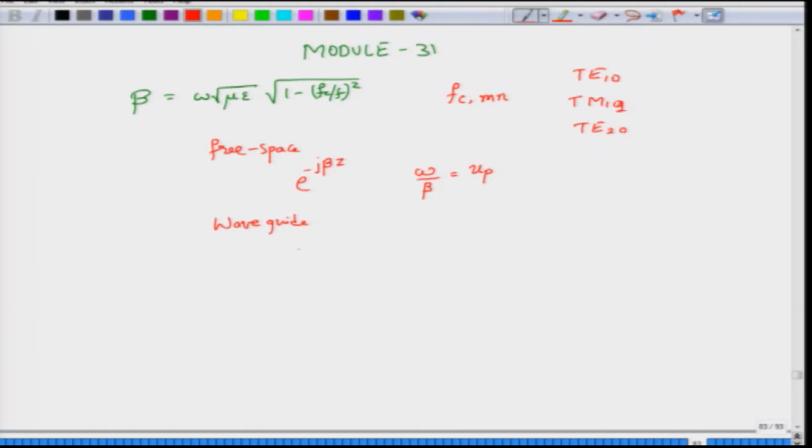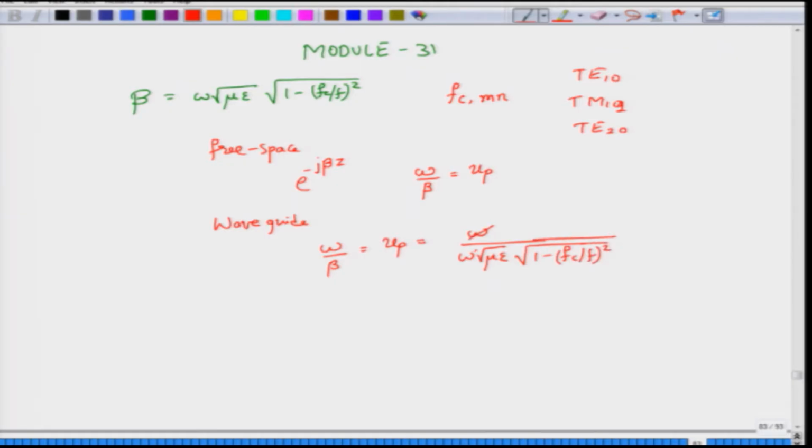So, without worrying too much about this, we will define omega by beta and call this the phase velocity up. Using the expression for beta here, what you get is omega square root mu epsilon multiplied by this factor, which is square root of 1 minus fc by f whole squared.